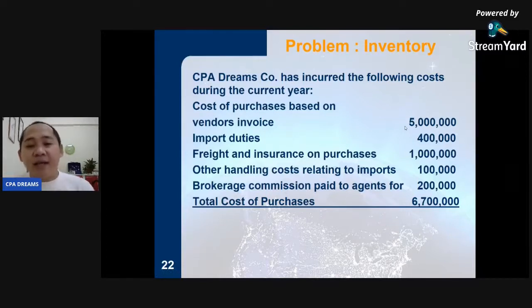Nagkamali lang dun sa PowerPoint kasi kasama na siya dito. Import duties, 400,000. Freight and insurance on purchases, 1 million. Other handling costs relating to imports, 100,000. Brokerage commission paid to agents, 200,000. So then the total cost of purchase is 6,700,000.